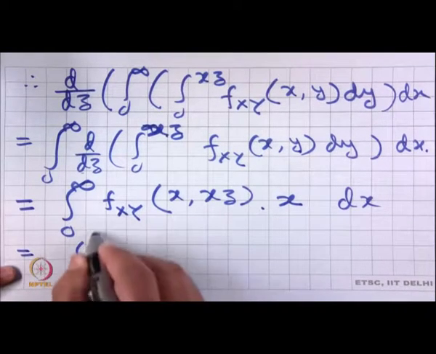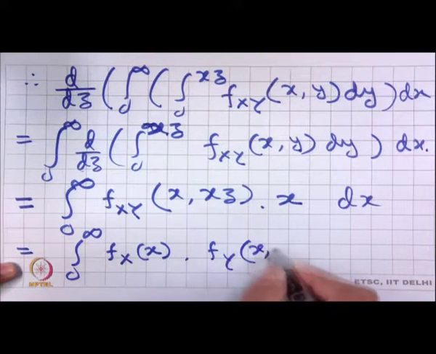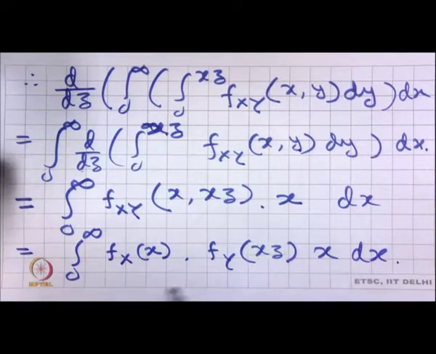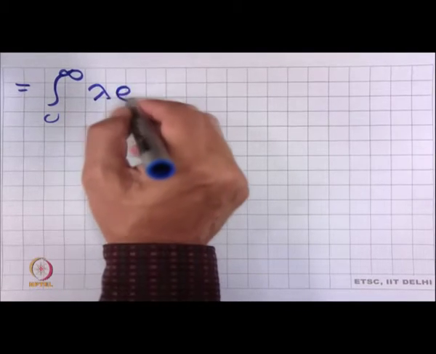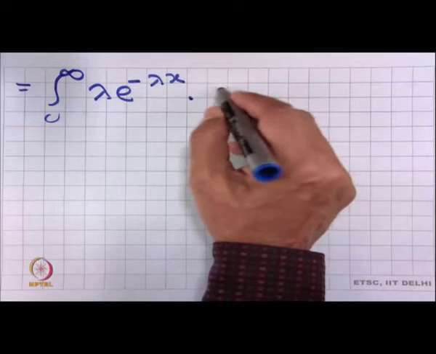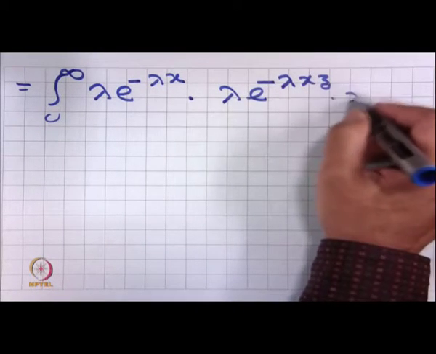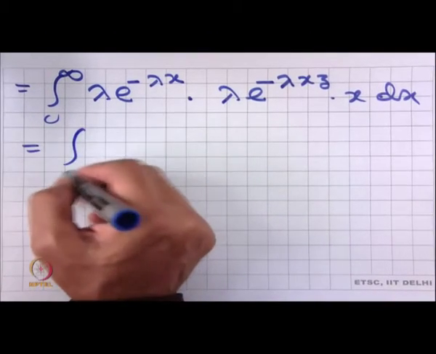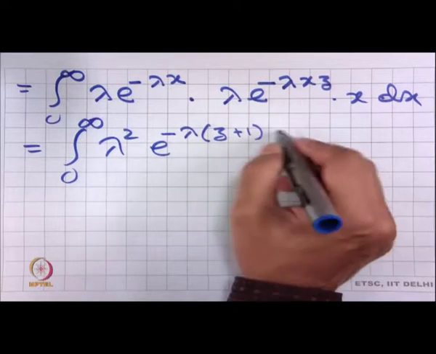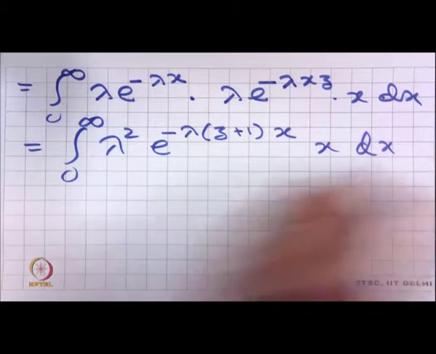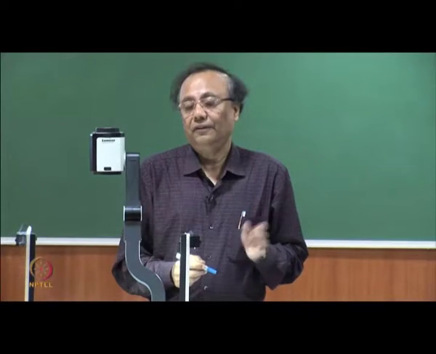This is equal to the integral 0 to infinity of f x at x, f y at x z, x dx, which is the integral 0 to infinity of lambda e to the power minus lambda x multiplied by lambda e to the power minus lambda x z, into x dx, which is the integral 0 to infinity of lambda square e to the power minus lambda (z plus 1) x, x dx.